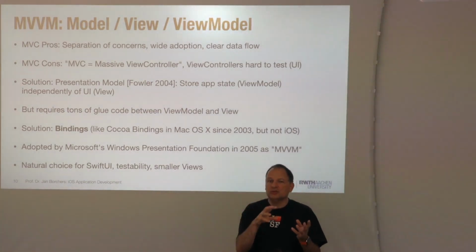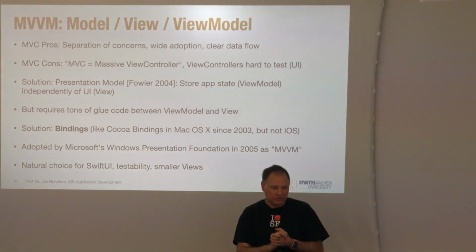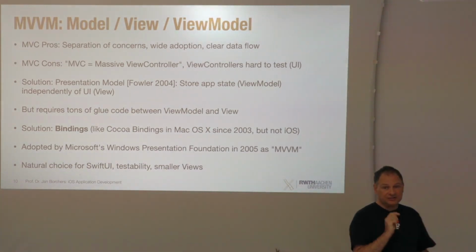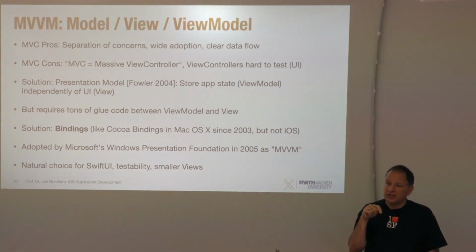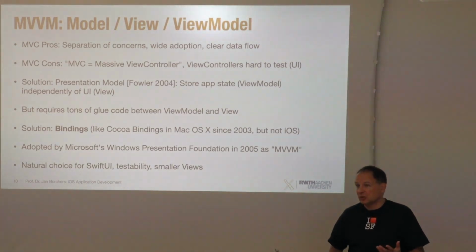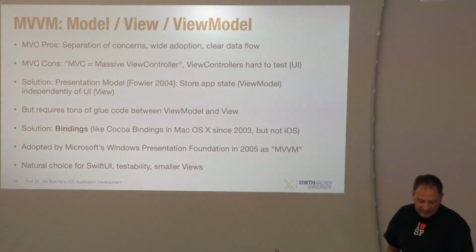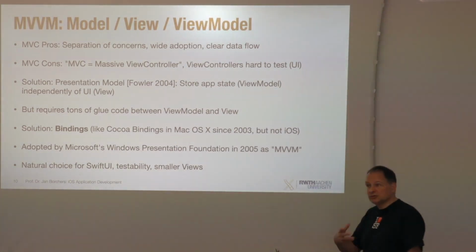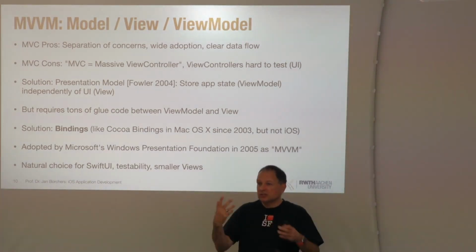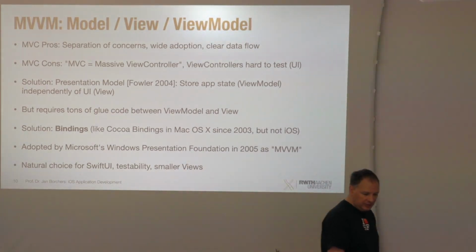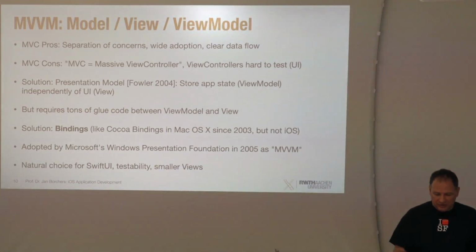This is the code you need to adapt between the two. But the testability: your view model is then something that you can actually test without having to drive it from the user interface, right? It could actually be driven from test code, which is convenient. And your views become smaller because your views no longer have to do all this interpretation and mapping themselves. So that's the idea behind using MVVM.